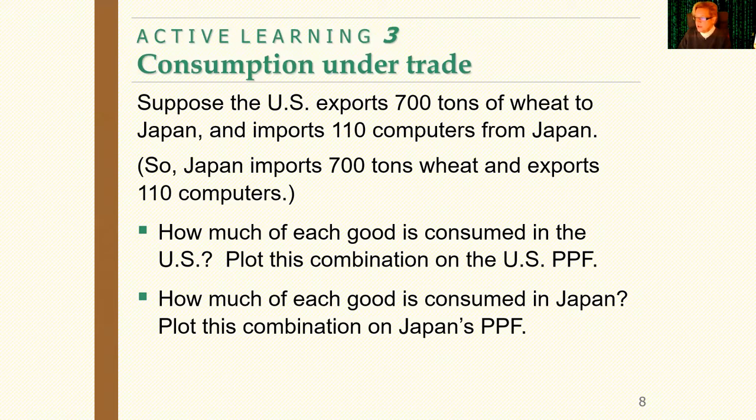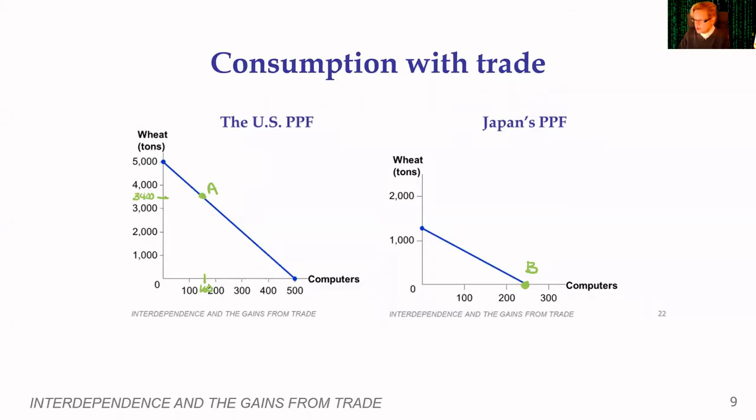All right. Now taking the information from our slide, I'm going to go back here and pick this up. The US exports 700 tons of wheat to Japan. So if I take the 3,400 and I subtract 700, that leaves me with, I think it's 2,700, but my mind is not wanting to work too well today. So I'm just going to double check. Yep, 2,700. So I'm going to go ahead and put this 2,700 right about there.